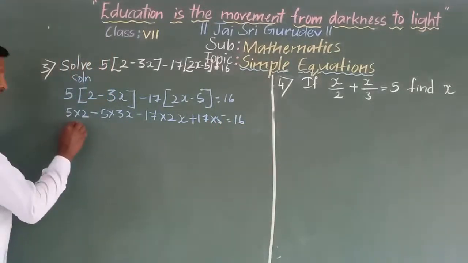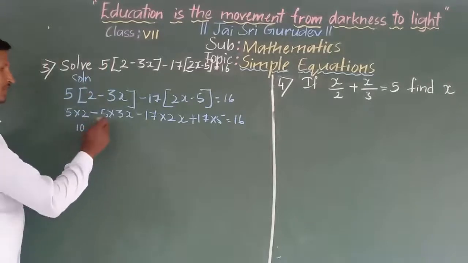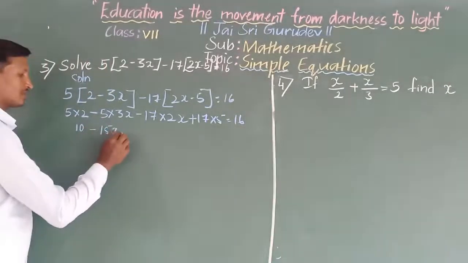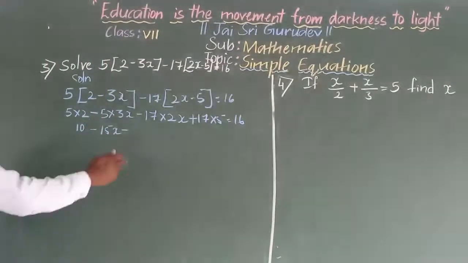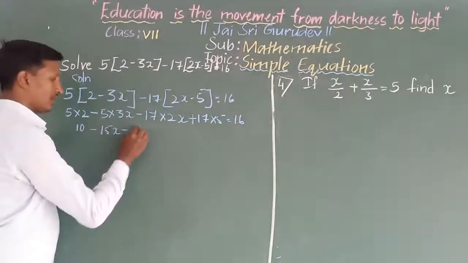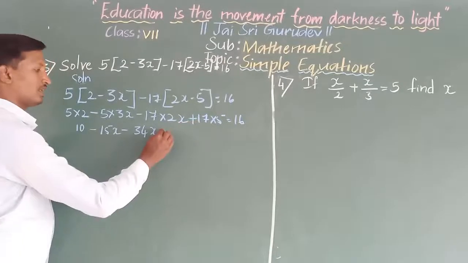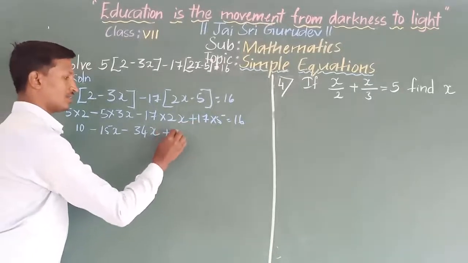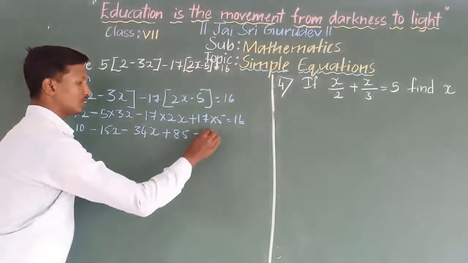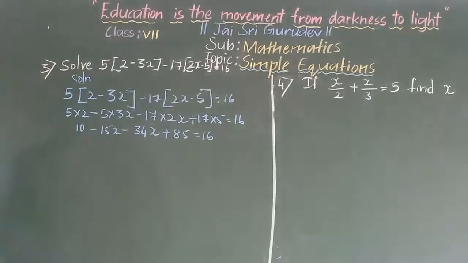Now 5 2s are 10, minus 5 3s are 15x, minus 17 2s are 34x, plus 17 5s are 85, equal to 16. Now observe this carefully.